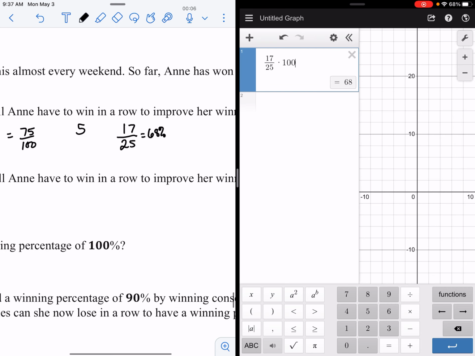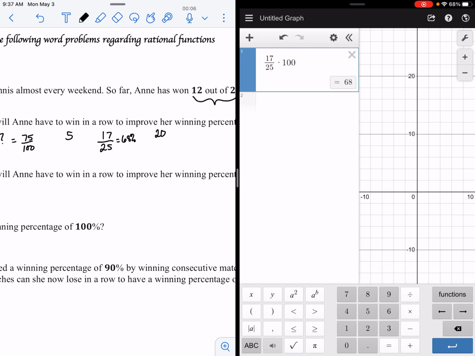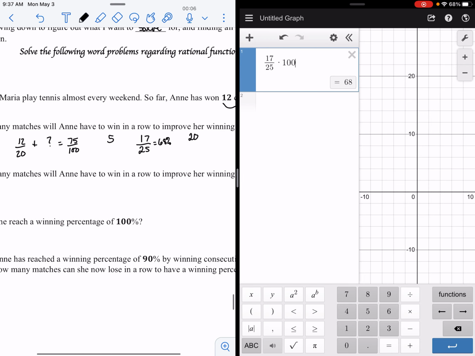So then, knowing that, let's say I do 20. Assuming she has to play 20 more matches, that will have pushed her total matches played to 40 and her matches won to 32. So my fraction now is going to be 32 out of 40.